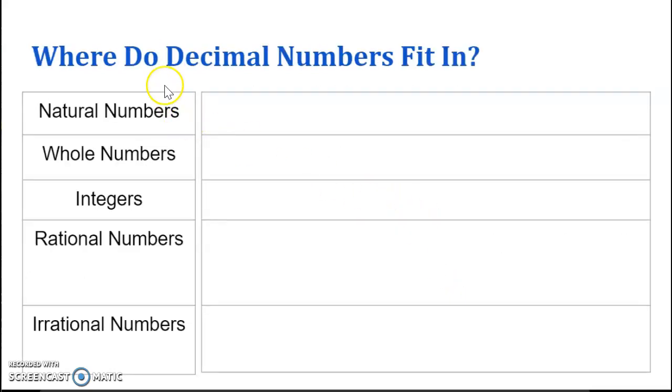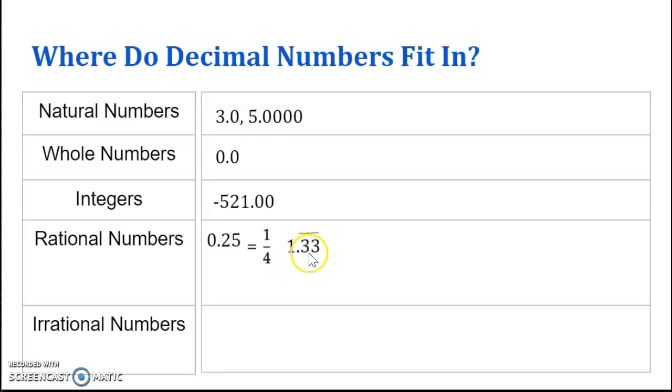Then the question comes in, where do decimal numbers fit in? Well, the natural numbers include 3.0 or 5.00000. So decimal numbers are included in natural numbers, and whole numbers such as 0.0, and integers. Any integers can be represented as decimals and rational numbers. So say a quarter can be represented as 0.25 or 1.3333, which means it's repeating, right?